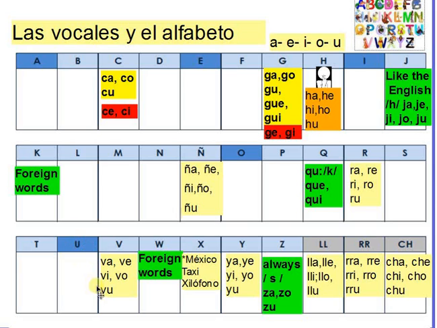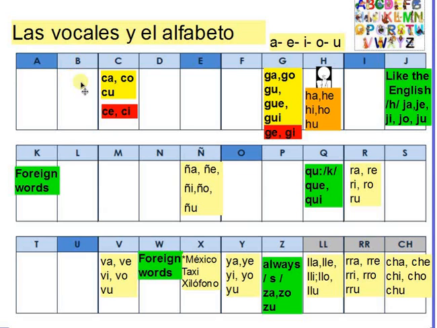And then you have the letter V. In Spanish, there is no V sound. Okay? Every time you see a V, you are going to pronounce it like a B, but in a softer way. So you go ba, be, bi, bo, bu. Okay? So V and B, they pretty much have the same sound.